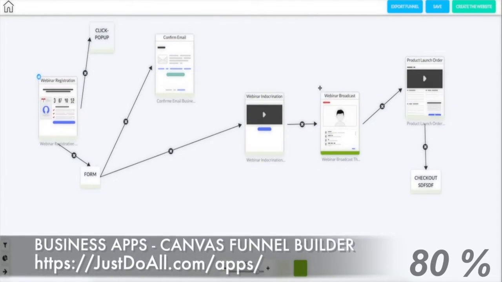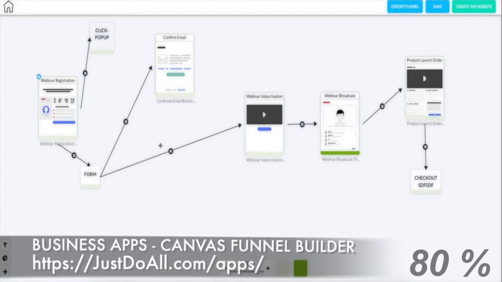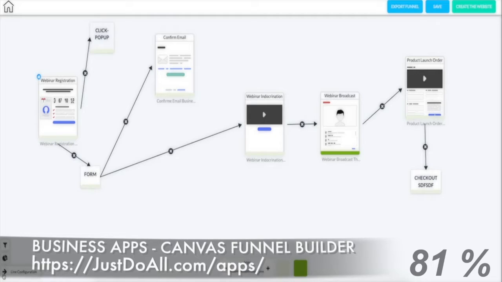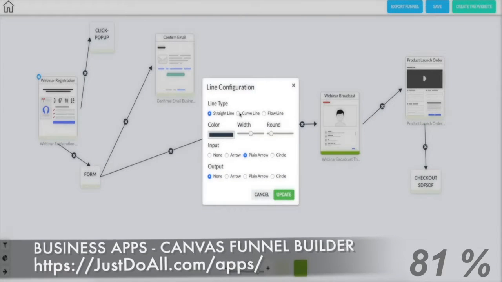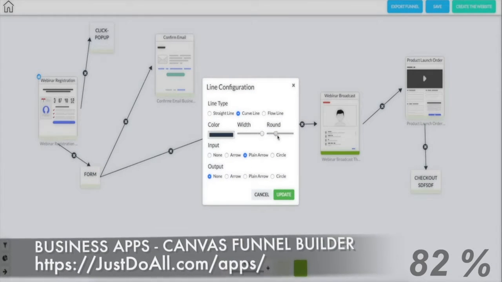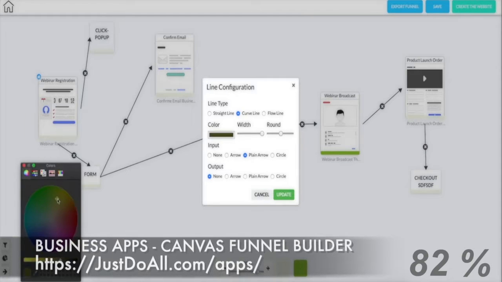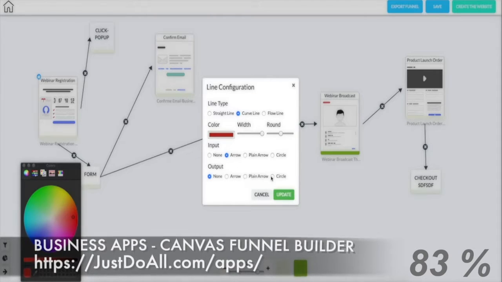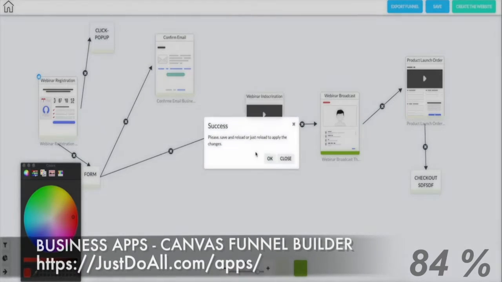And now you can see they're all straight lines with no 90-degree angle corners. I can change that again. We can try the curve line, make it a little wider, make it a little rounder, make it red. Use some arrows and some circles here. Update.